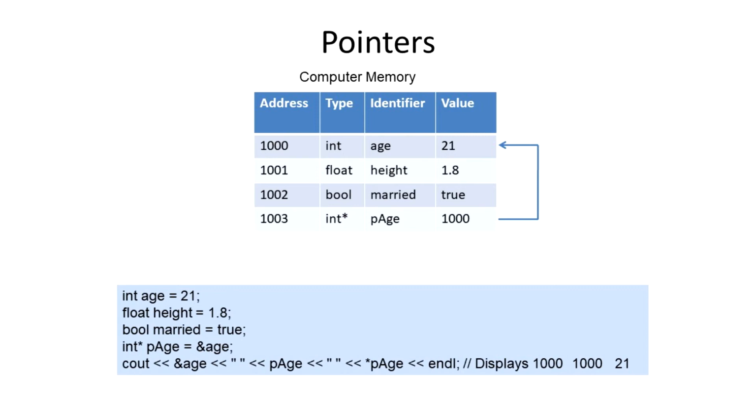So that's another 1000 being printed to screen. In the final part of that cout statement, we dereference the pointer. Remember, we mentioned previously that this will get the value stored at that particular memory address. Of course, because ph holds the address of age, the value stored at age is 21. If you look at the comments, you'll see a confirmation that the memory addresses, 1000 and 1000, should be the same, and then the value for the original age variable, which is 21.